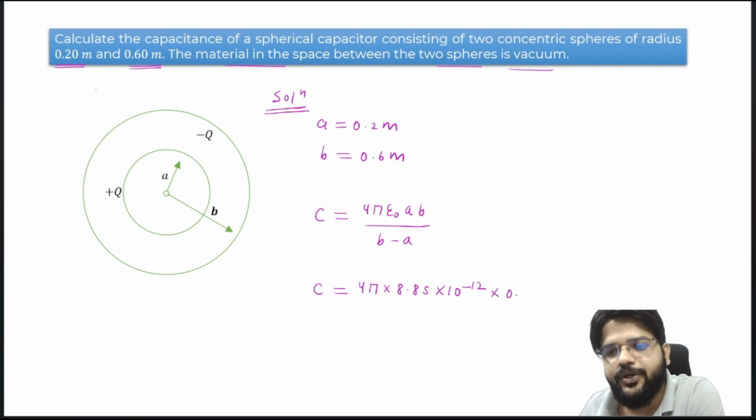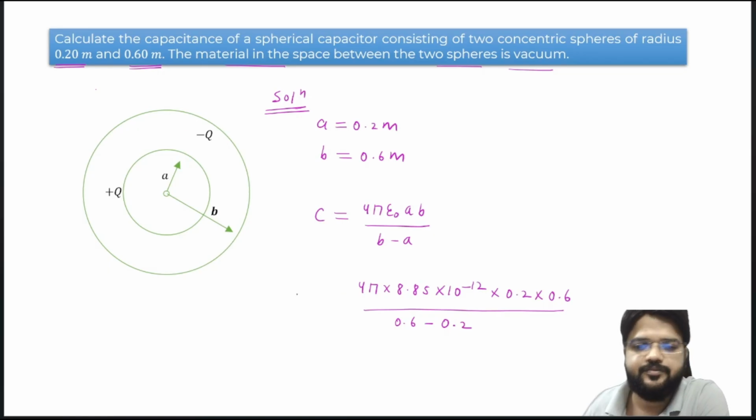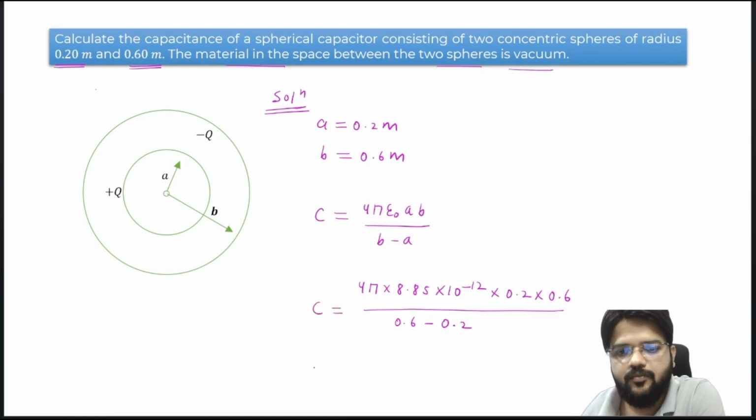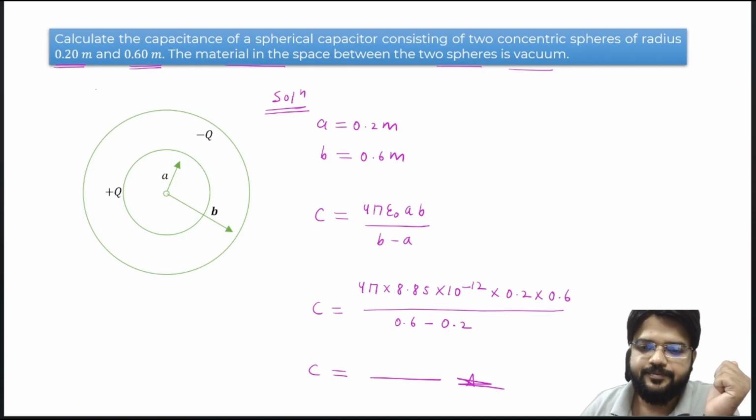A is 0.2 and B is 0.6, divided by B minus A. B minus A is 0.6 minus 0.2, correct? Now simplify this and you will get the capacitance after simplification. So it is a very easy question, just formula based. If you know the formula, then you can easily simplify this question. Note down, everyone.